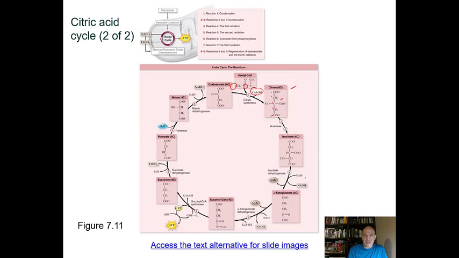It's still 6 carbons, and then we have our decarboxylation here and an oxidation here where we remove a hydrogen. So if we were to count all the hydrogens here on isocitrate, we should have 1 less hydrogen here in alpha-ketoglutarate. Alpha-ketoglutarate, remember that because we're going to see that again in a little bit. But that's one of the intermediates there. And if we calculated the hydrogens, you're going to see 1 less at this point here. Why? Because we took it off of the citrate to reduce NAD, to make NADH.